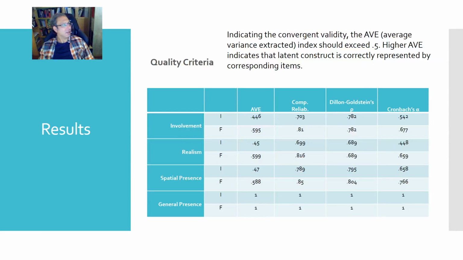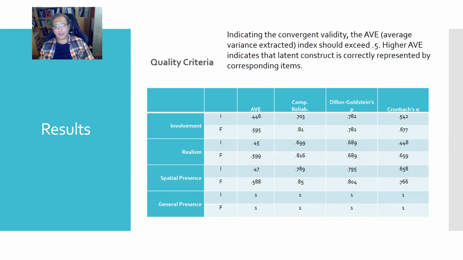The other quality criterion was average variance extracted; above 0.5 indicates convergent validity. For the initial version, with the letter I here, it was not possible to achieve that.